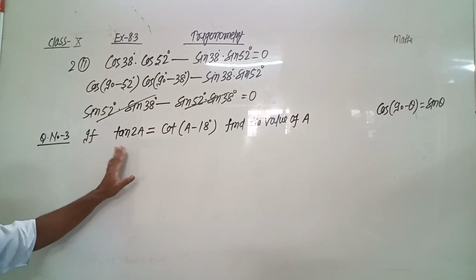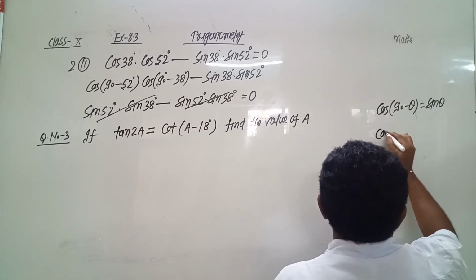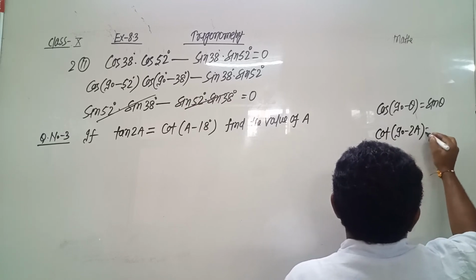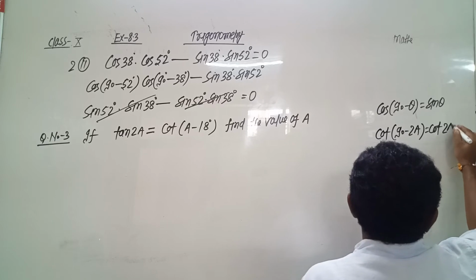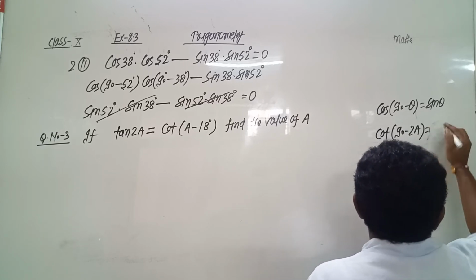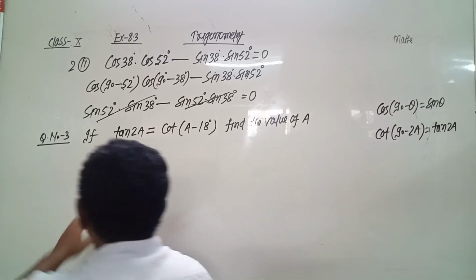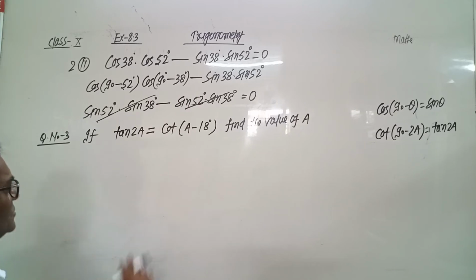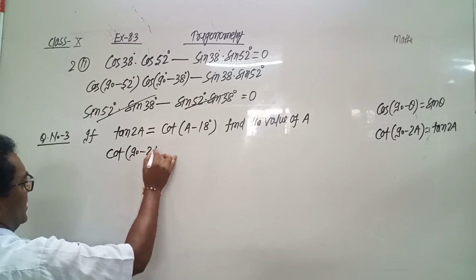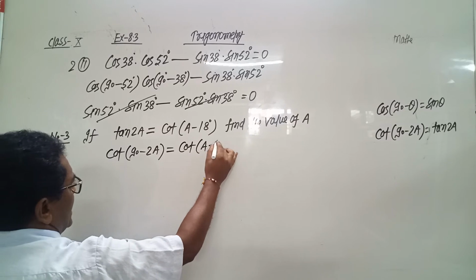So tan 2A can be written as cot (90 minus 2A). You know, cot (90 degree minus 2A) equals tan 2A. So instead of tan 2A, we can write cot (90 degree minus 2A) equals cot (A minus 18 degree).